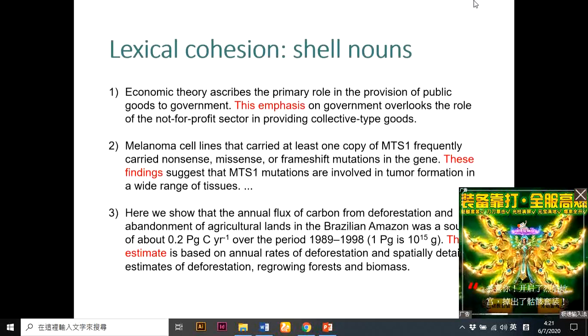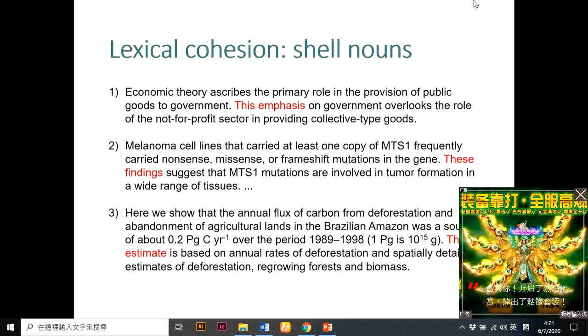This emphasis, the words in red, are a substitute for all of the information in the previous sentence. They're like a shell that contains all of that information. This emphasis on government. So the writer's continuing to talk about the same idea, using the idea from the previous sentence in the next one.